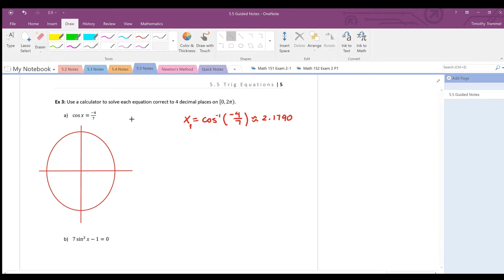I'm going to sketch it. Okay. So here is our angle x1, okay, in the second quadrant. And now what we want to think about is on the unit circle, where would be a spot on the unit circle where we have the same x value? Okay. And so in order to find that, you would just work your way straight down the unit circle.